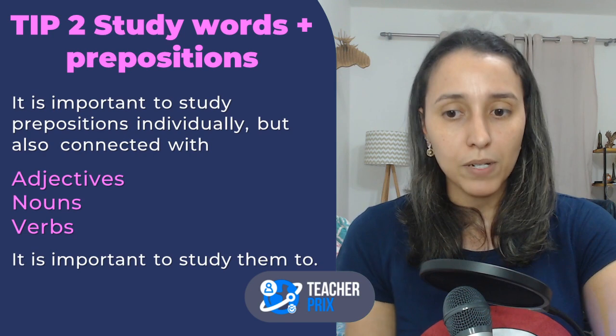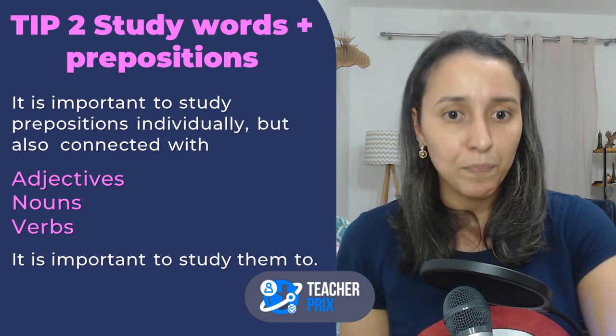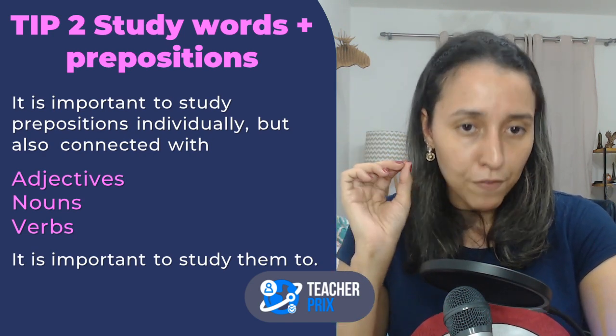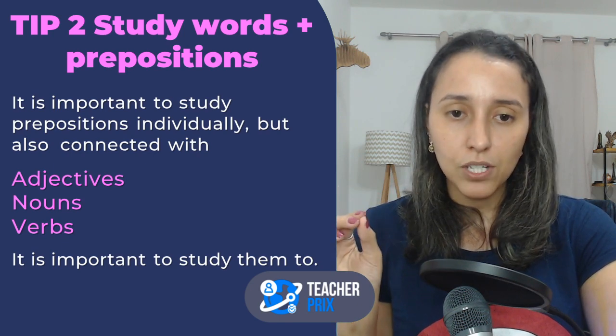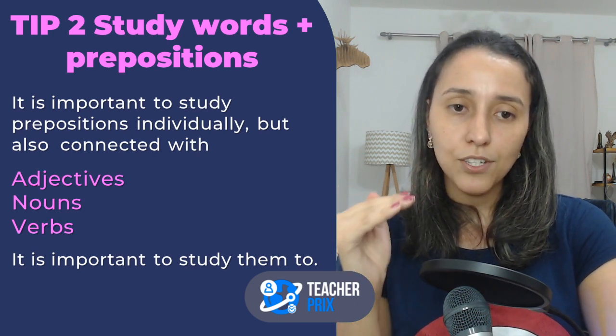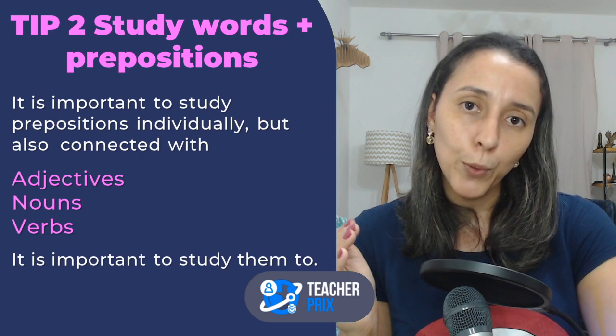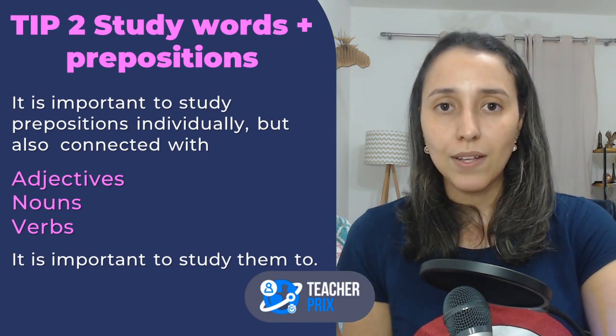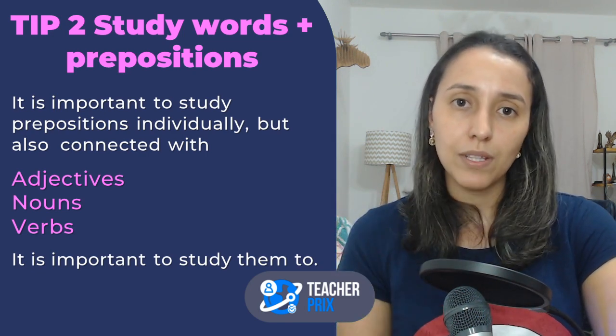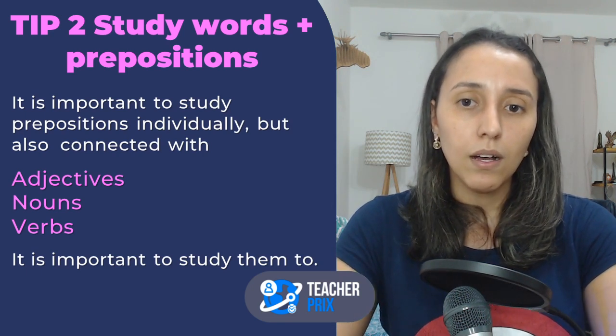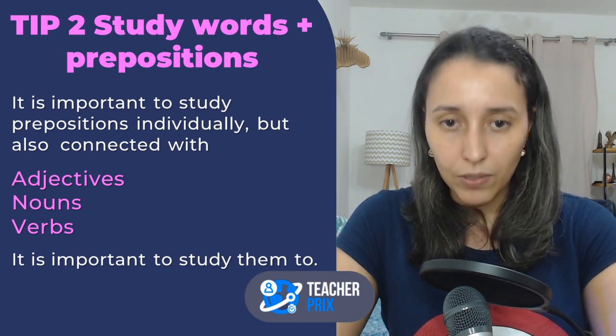This is also a very productive way to study, okay? So this is a very important recommendation that I have for you guys. When you study adjectives, nouns, and verbs that you know, it'll be easier for you to memorize the preposition that follows these words that you are studying and that you know already, okay?